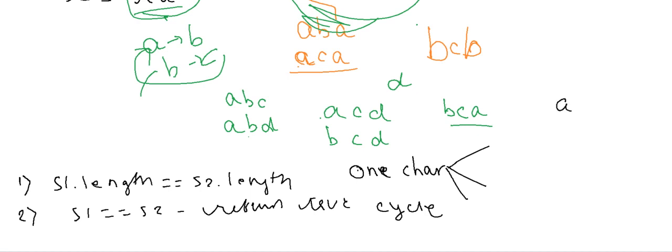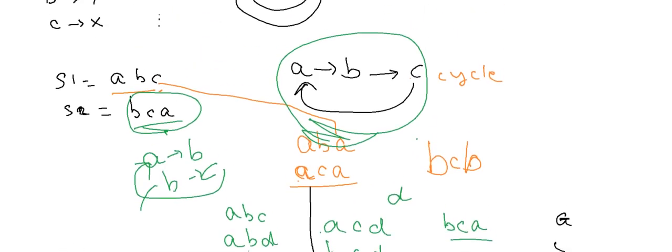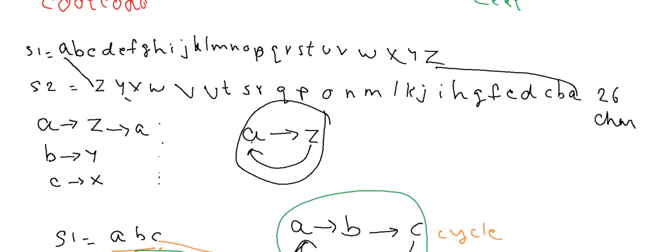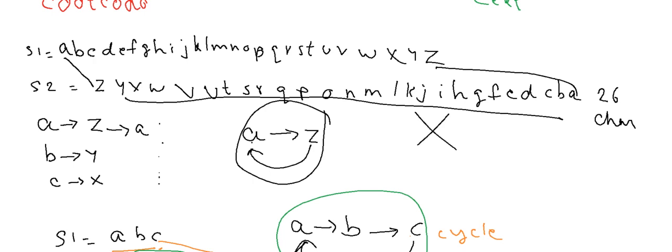So we need a vertex or any kind of character that has not been used. So if this string contains all 26 characters, like we have here, there's no way we can break the cycle, so this string cannot be transformed.